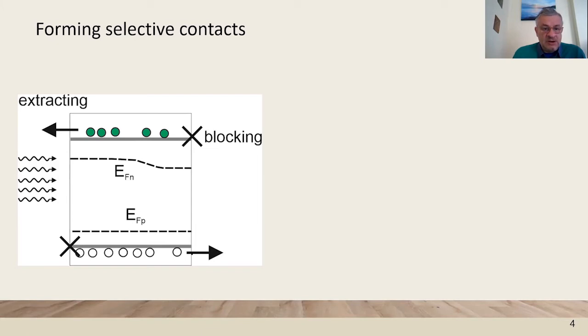The right contact will extract holes, but the electron selective contact is going to reject the holes, so that this structure will give directionality to the current and voltage obtained in the solar cell. So this is the structure of a diode.